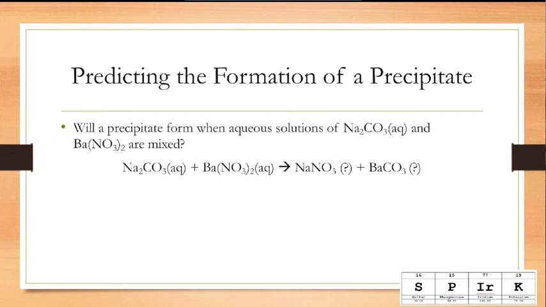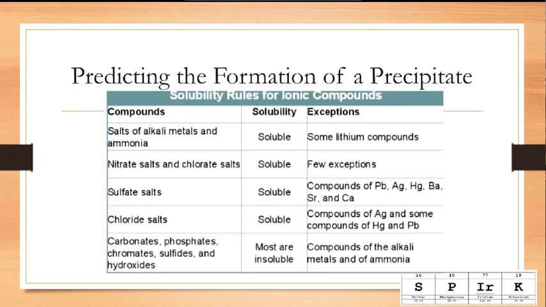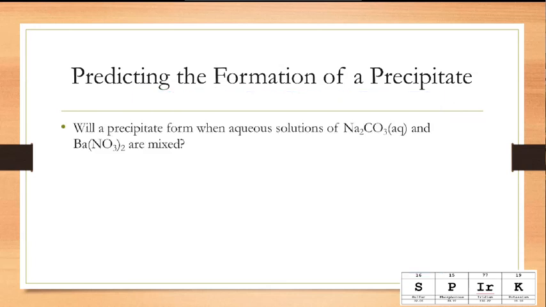We know that we're going to form sodium nitrate and barium carbonate, and if we look at those solubility rules that we just wrote down, we know that carbonates, the bottom row of the compound column, are mostly insoluble, while nitrates are mostly soluble. So we can determine from those rules that the barium carbonate is going to be our solid, or our precipitate.